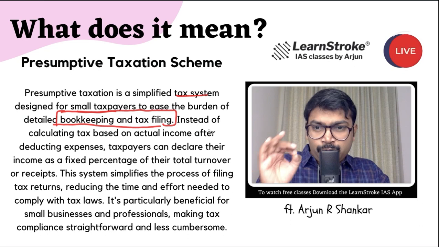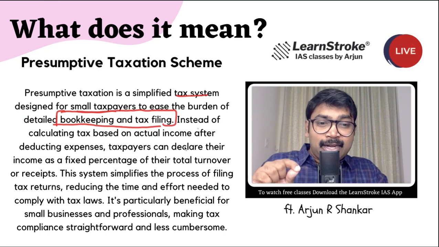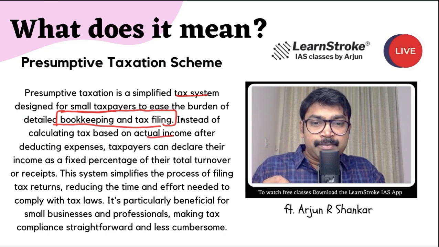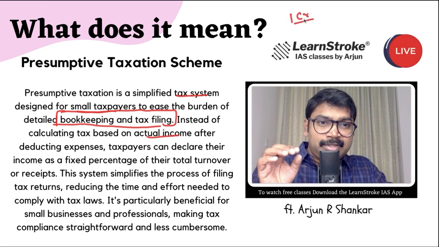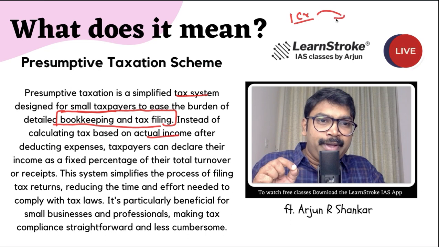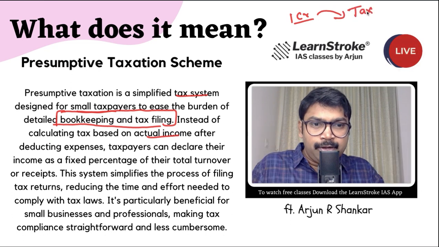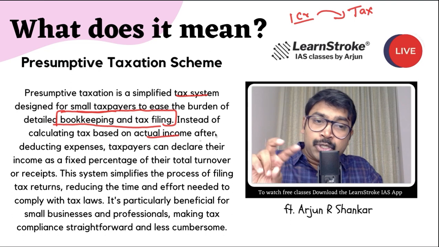So if you're a small taxpayer, instead of calculating tax based on actual income, say you have earned 1 crore rupees. Imagine that you have got 1 crore rupees. We are not following the system of calculating how much tax you have to pay on the actual income.